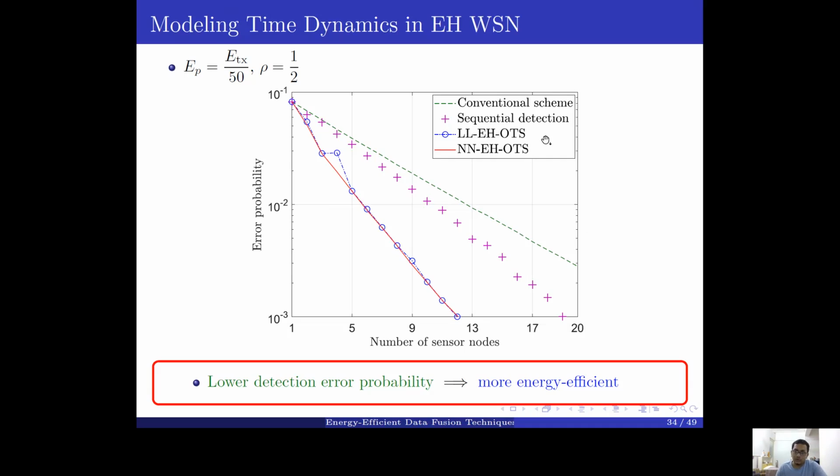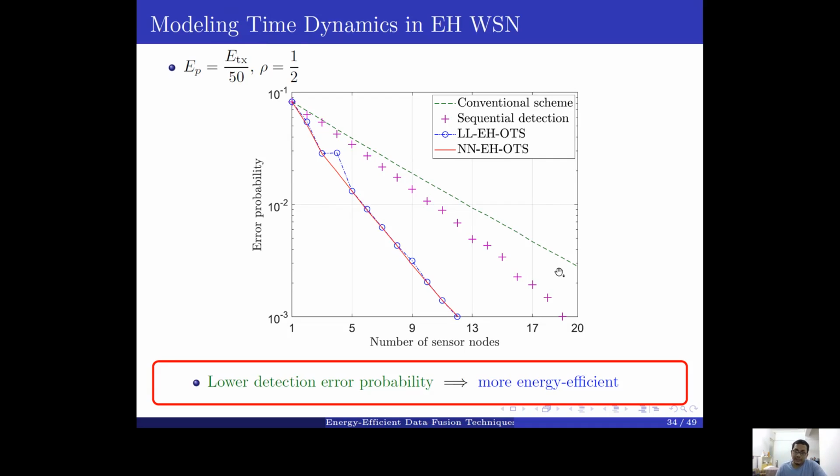We also show the results for LH-OTS and NH-OTS. These results are shown when rho is equal to half. That means the average harvested energy is half of the energy needed to transmit, and the pilot energy consumes an energy of 2% of the energy needed for transmission.